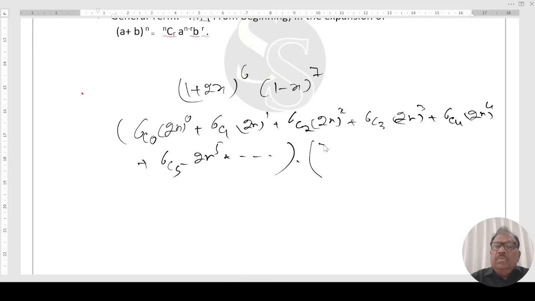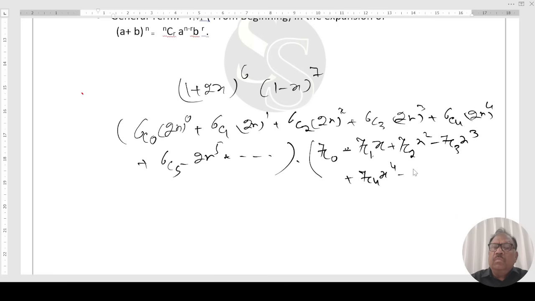For (1 - x)^7, 1 to the power 7 remains, so 7C0 plus minus 7C1 x plus 7C2 x square minus 7C3 x cube plus 7C4 x^4 minus 7C5 x^5.